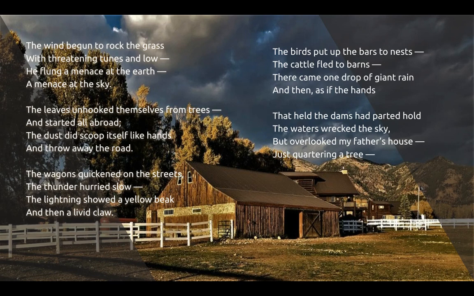The lightning showed a yellow beak and then a livid claw. The birds put up the bars to nests, the cattle fled to barns. There came one drop of giant rain, and then, as if the hands that held the dams had parted hold, the waters wrecked the sky, but overlooked my father's house, just quartering a tree.